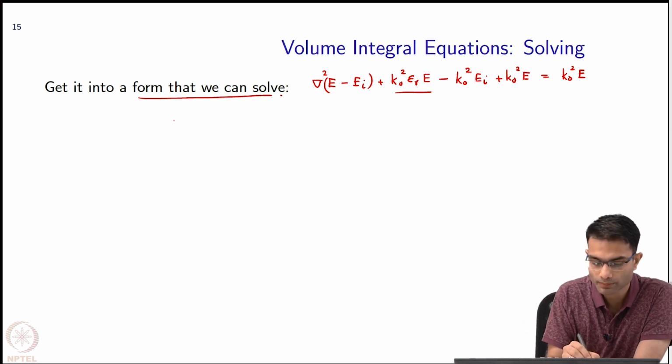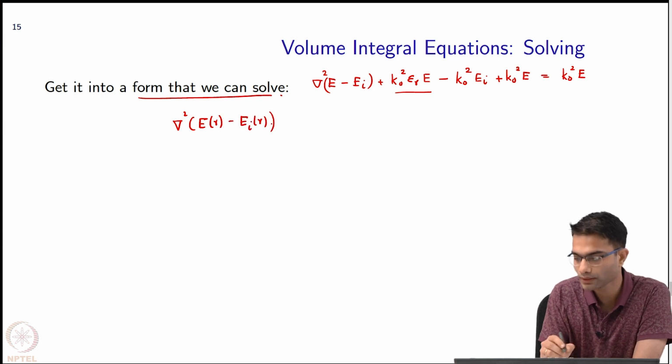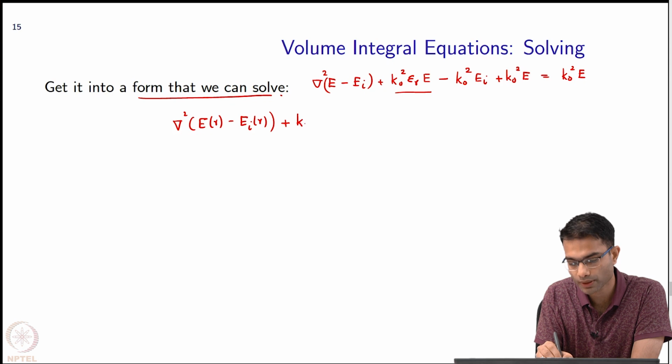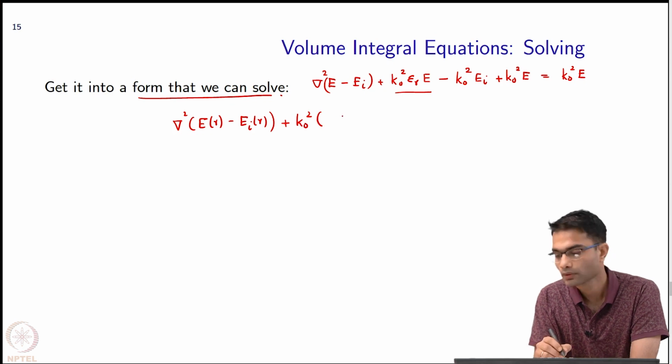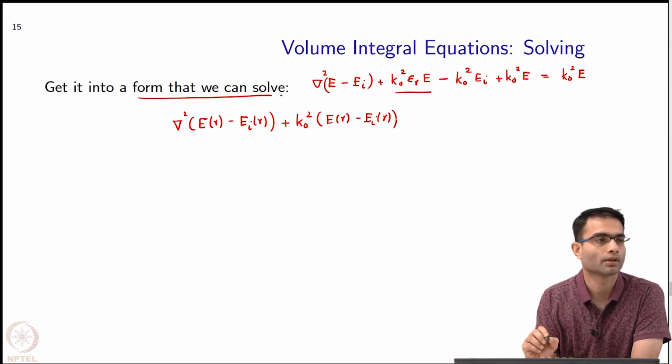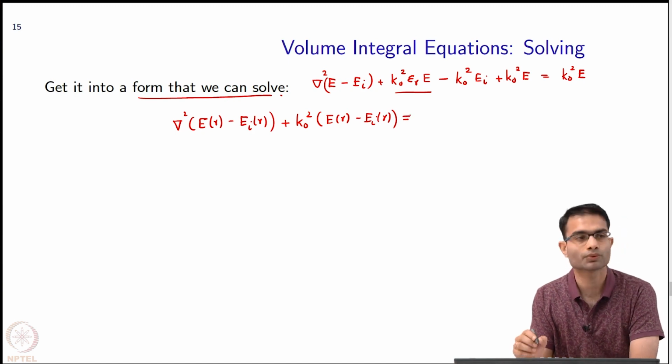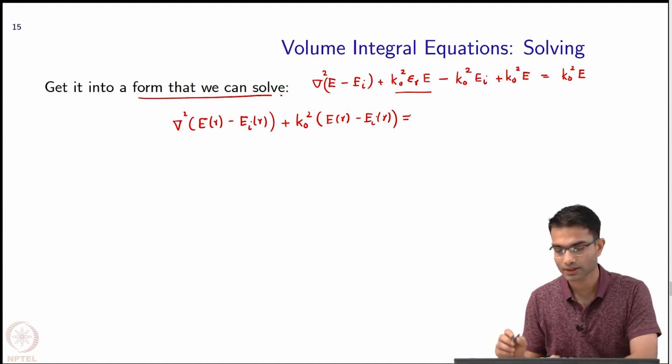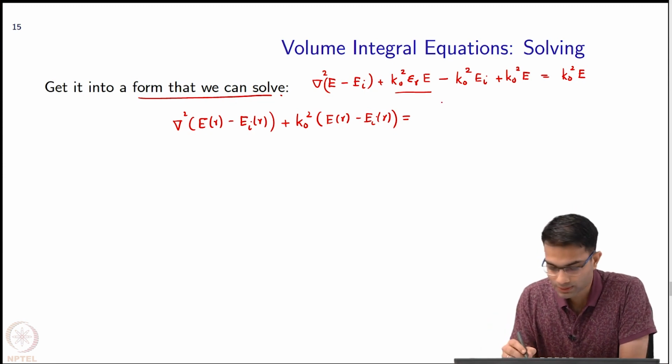So, then this will become del squared E of r minus E I of r. First term is fine. I can gather the k naught squared together. So, what will happen? I have E r minus E I r, right. So, I have got what I wanted. Now, whatever is unwanted, I should move to the other side.